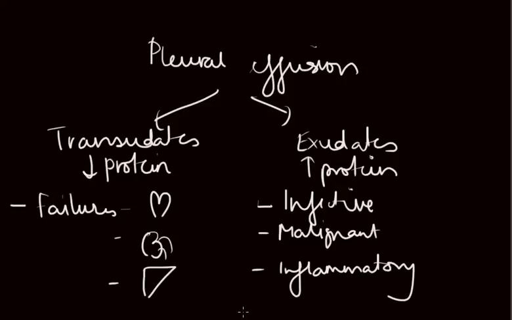However, when it comes to ascites, this concept is not entirely accurate, and there are various reasons why it can't be applied to the analysis and classification of ascitic fluid. The main reason is that ascitic fluid doesn't behave like pleural fluid.